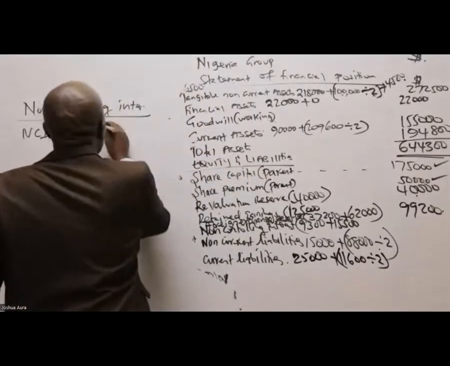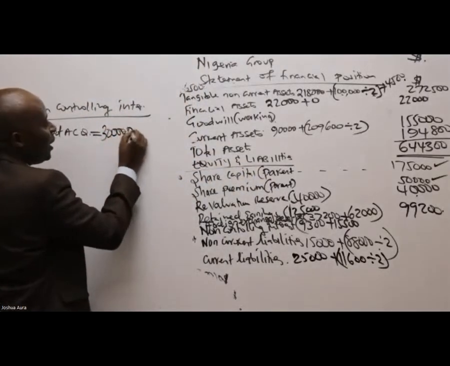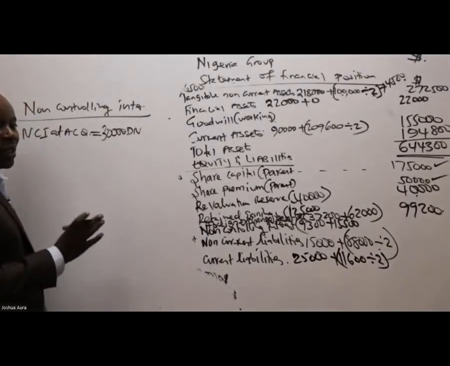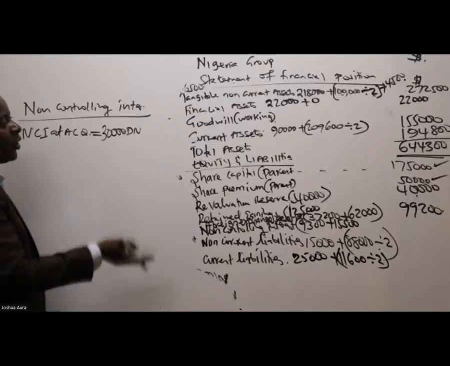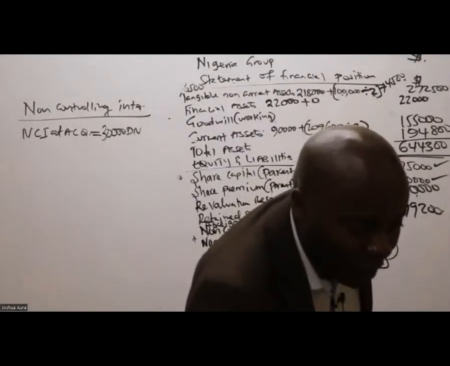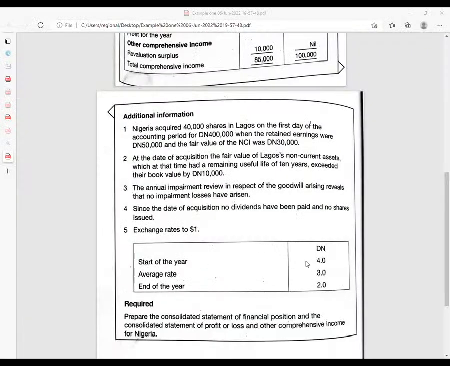But now remember that this 30,000 is in foreign currency, DN. I need to retranslate this. Of course, I know I'm dividing. So what should I divide this with, 2 or 4? It can't be the end of the year. It has to be the start of the year when I was acquiring. Why am I saying that?